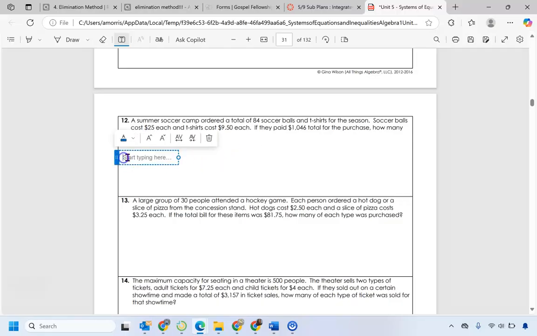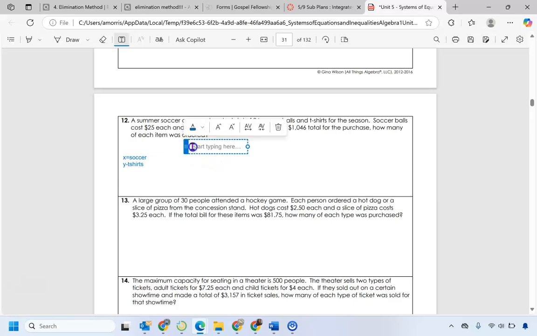So you have X equals the soccer balls, and then the Y is the t-shirts. And so it says total, so you got your X plus your Y equals 84. And then you should be able to do the second one. The soccer balls are $25. The t-shirts are $9.50. They paid $1,046. So you should be able to figure that out total.